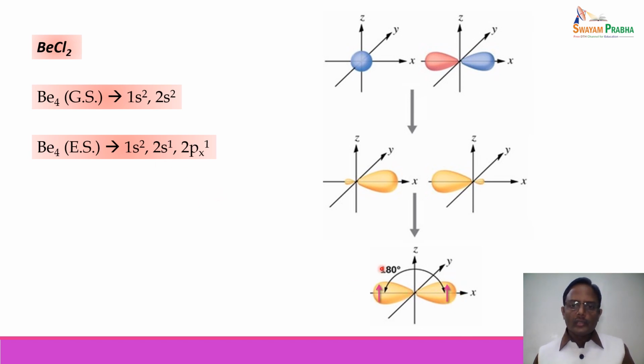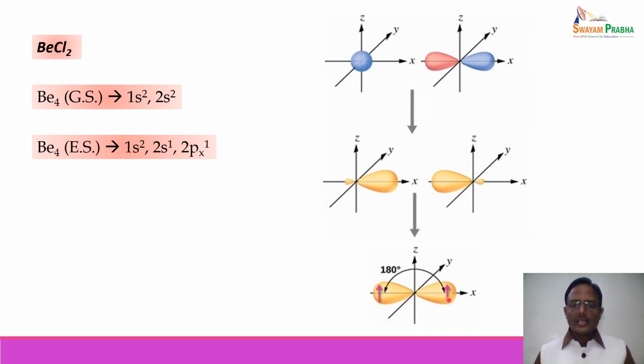Now both these orbitals will contain an unpaired electron, because the contributing orbitals are already containing unpaired electrons. So two electrons, two orbitals, one electron each, because both of them have equal energy, and we know according to Hund's law of maximum multiplicity that equal energy orbitals are filled singly. The angle between these orbitals is 180 degrees.